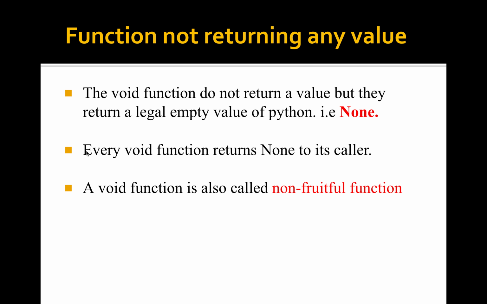Another thing: every void function returns None to the caller. If you are not writing any return statement, it will directly return None. Non-void functions are called fruitful functions, and void functions are called non-fruitful functions.